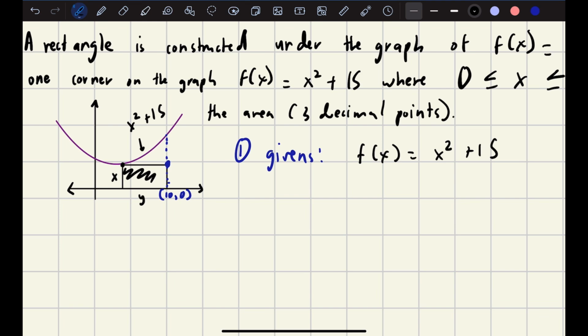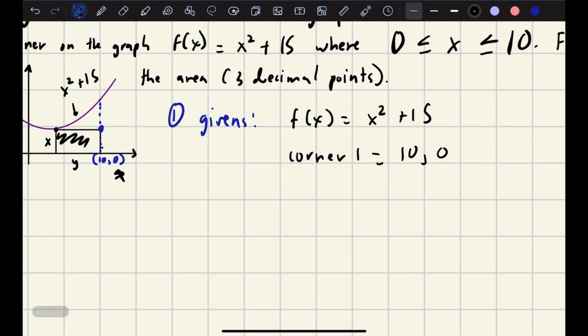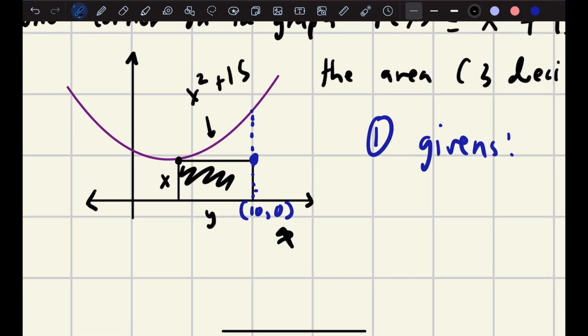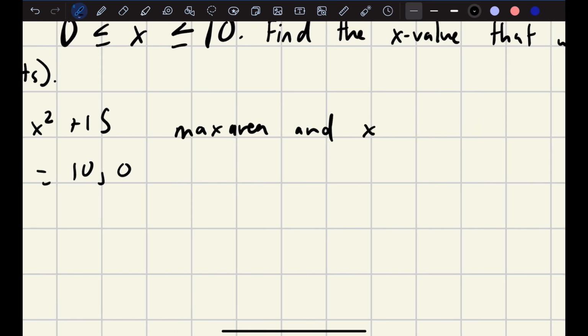And then corner 1 is going to be (10, 0), so on the graph here. And then the other corner is at some point (x, f of x). And so now we need to find max area and x value.